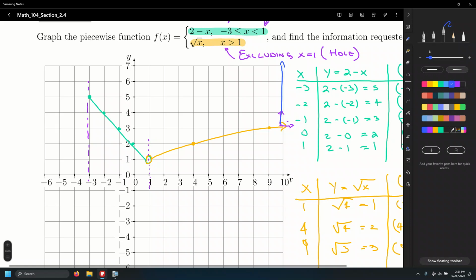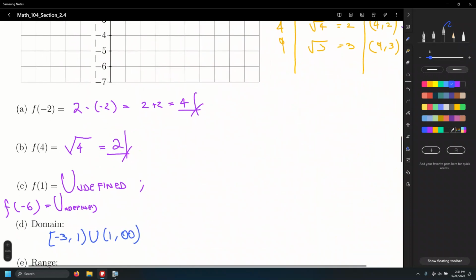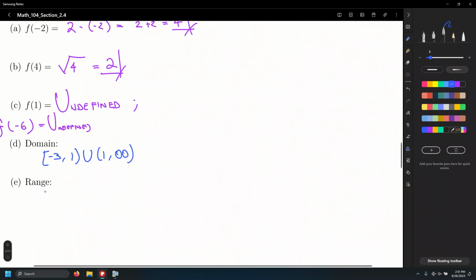So scanning the graph from bottom to top, the smallest value of y is +1. However, notice what we have at y equals 1. We have an open circle, right? That means it is not part of the range. So start at 1 and simply go all the way to positive infinity, and make sure to put parentheses for 1.